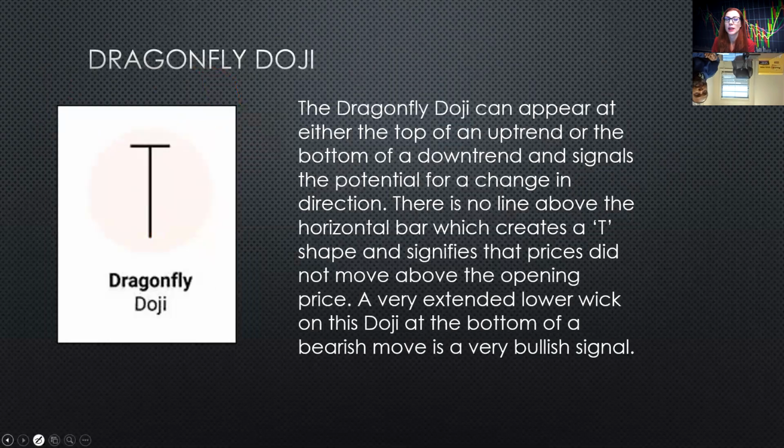All right. Now, the dragonfly doji, this can appear at the top or the bottom. And if it's at the top, same scenario, this would be a reversal potential.